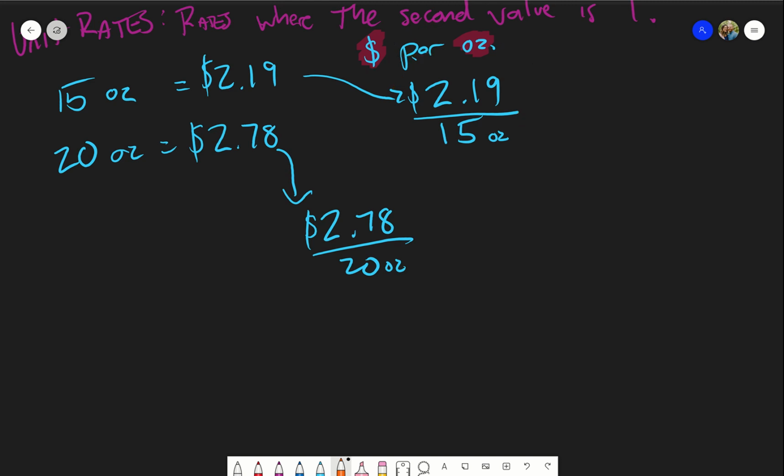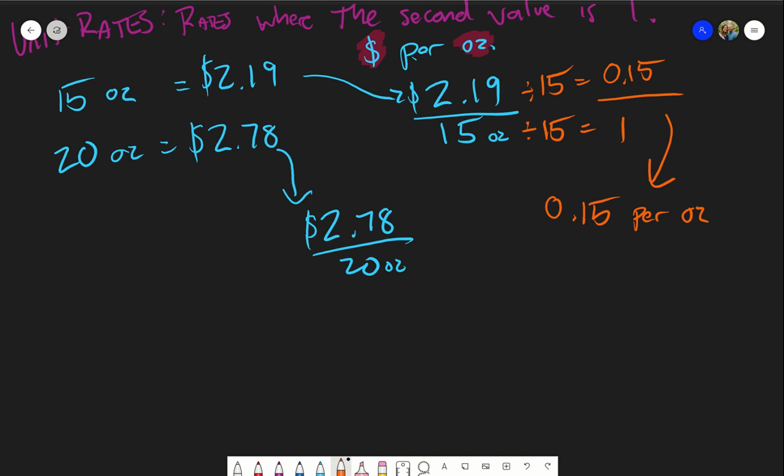All right, and then we solve this. For this, I need to divide by 15 to get 1. I do 2.19 divided by 15, and that is something along the lines of 15 cents per ounce.